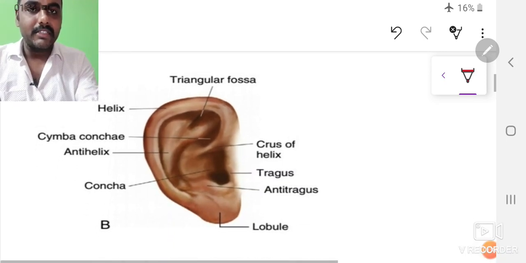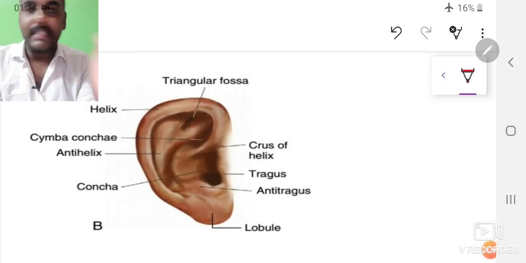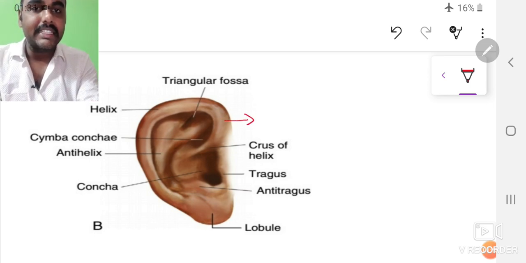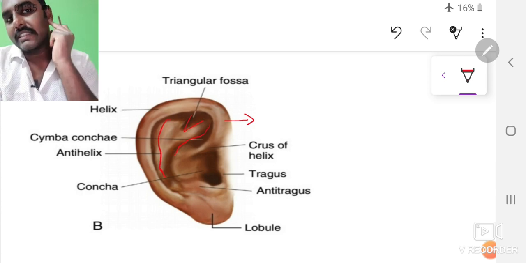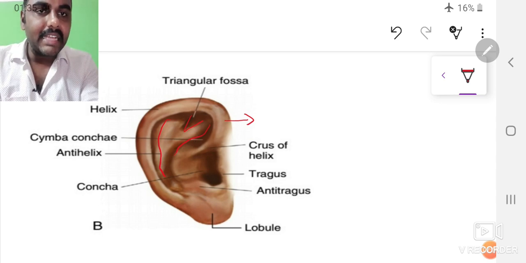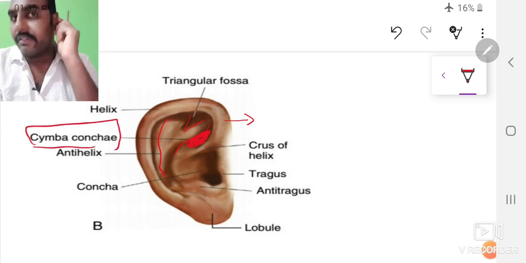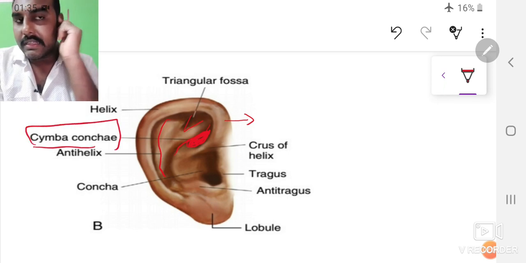Coming to the upper part: it is called the helix. Just in front of the helix there is an elevation called the antihelix. Between the antihelix and the helix there is a depression called the scapha. When we feel for it, we can feel the scapha.